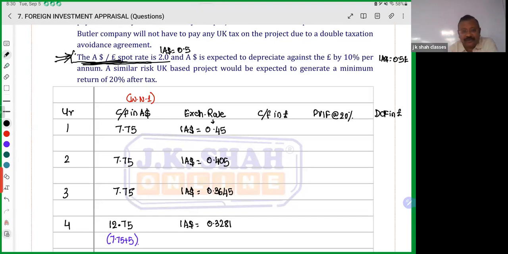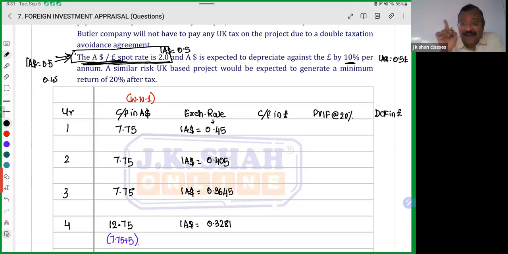I'm only talking to those people who are having this quote in the books, Australian dollar pound. You people would have had to convert this quote to a 1 Australian dollar quote, 0.5, and then apply this 10%. So this will give you 0.45 and so on.